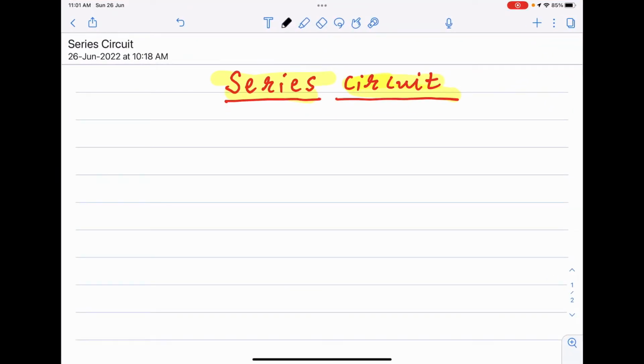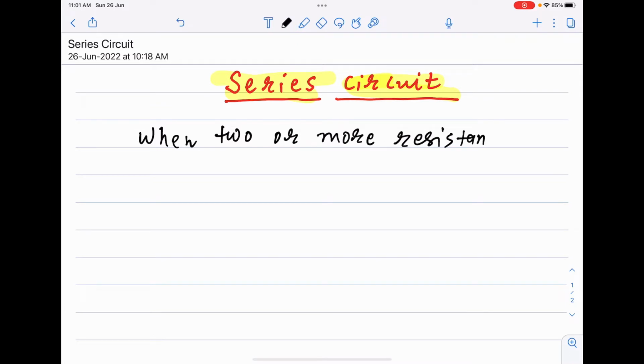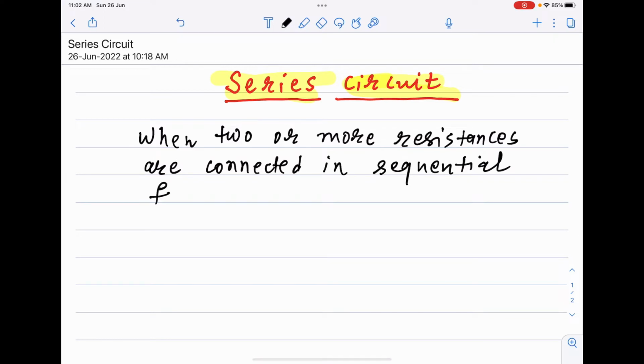So let us understand what we mean by series circuit. When two or more resistances are connected in sequential form, that is one after the other, then the circuit is called a series circuit.